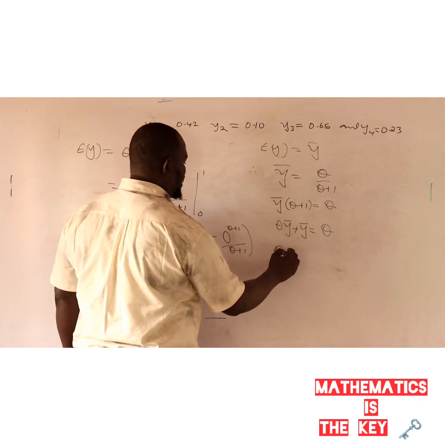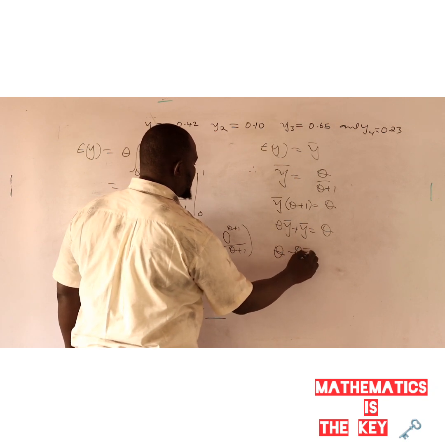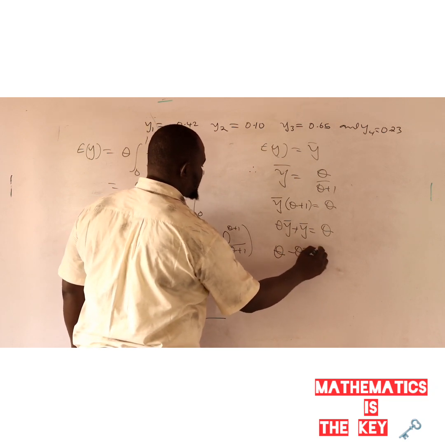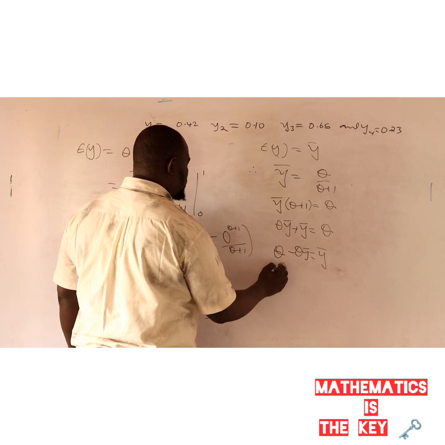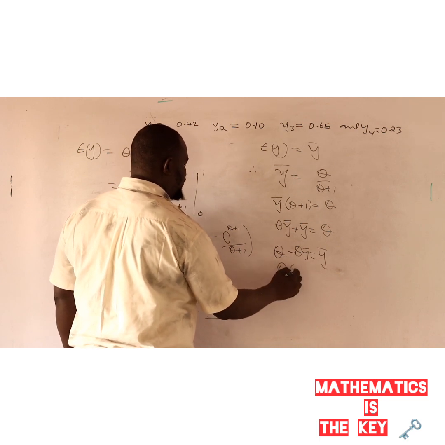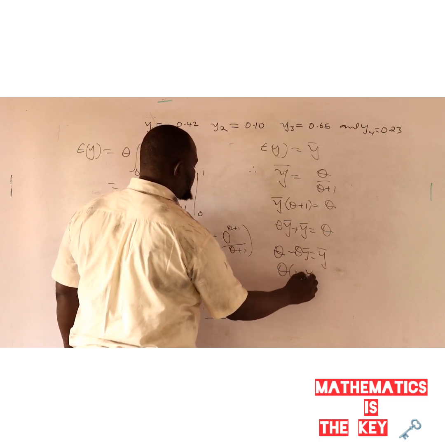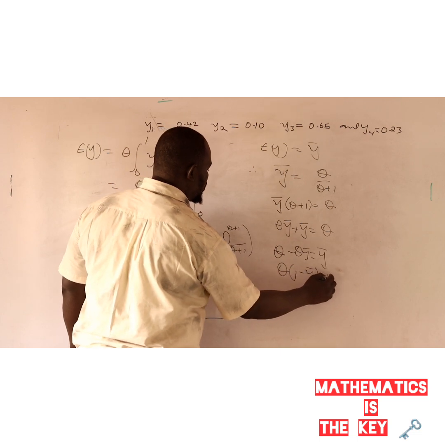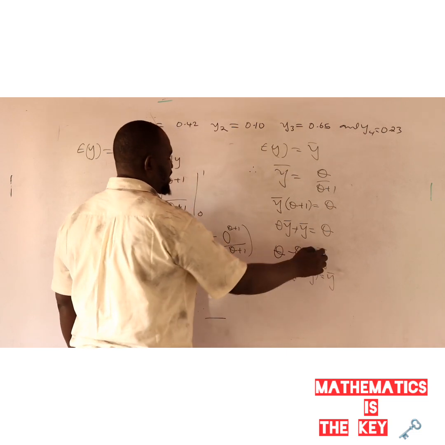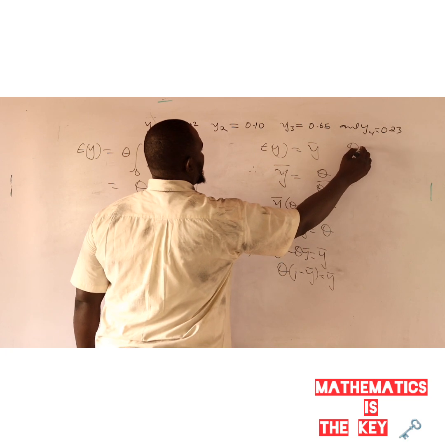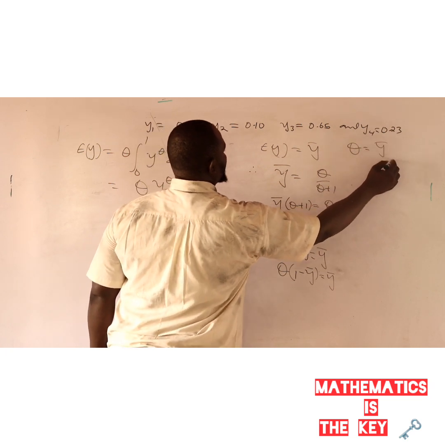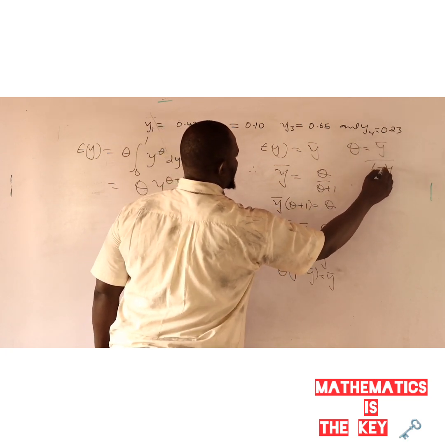If this one moves, we have minus theta y bar, and here we have y bar. Theta is common, factorize theta. Here we have 1, and here we have minus y bar is equal to y bar. And finally, we'll have theta is equal to y bar all over 1 minus y bar.